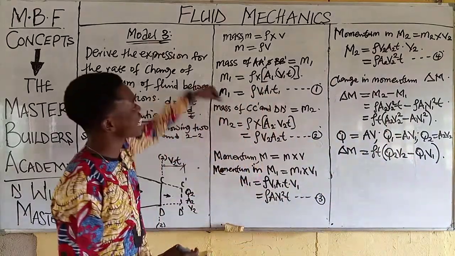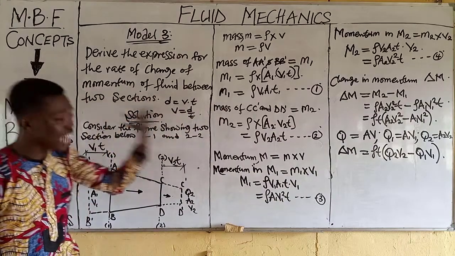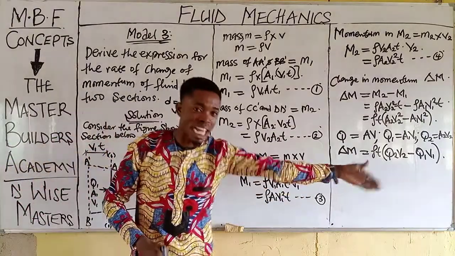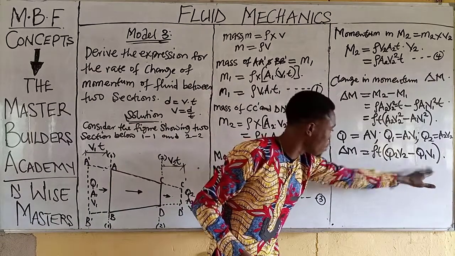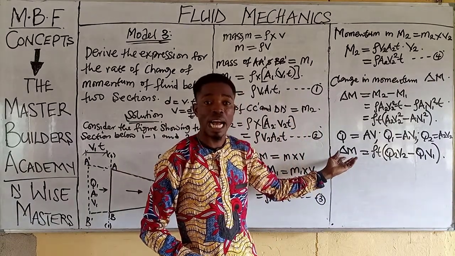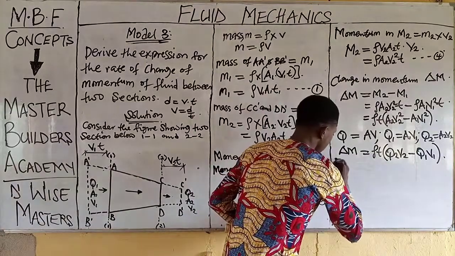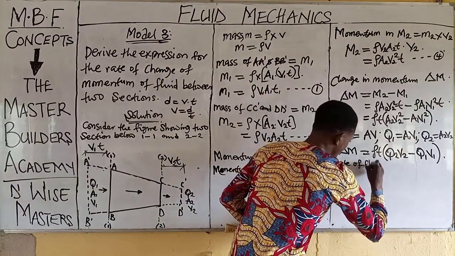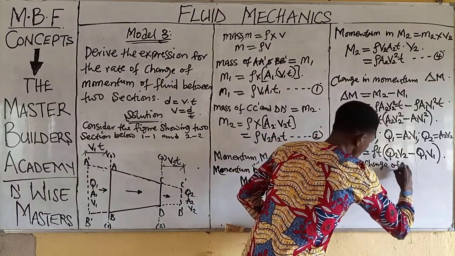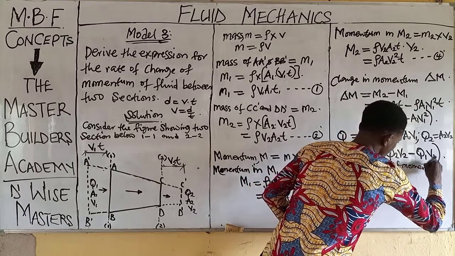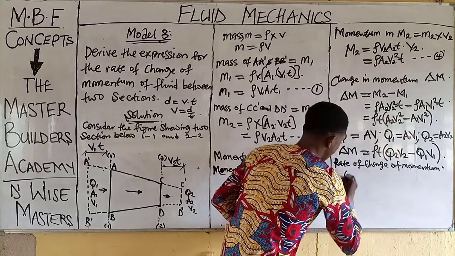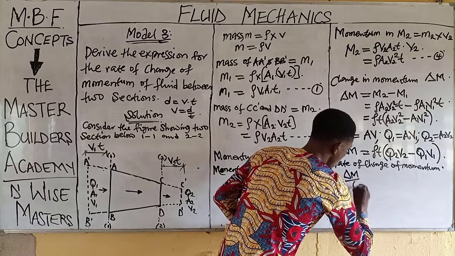Now the question says the rate of change, and we know that rate is anything divided by time. So to find the rate of change of momentum, we are quickly going to divide this guy by t. Then we get the final answer. Now, rate of change of momentum. We have this as change in m over t.